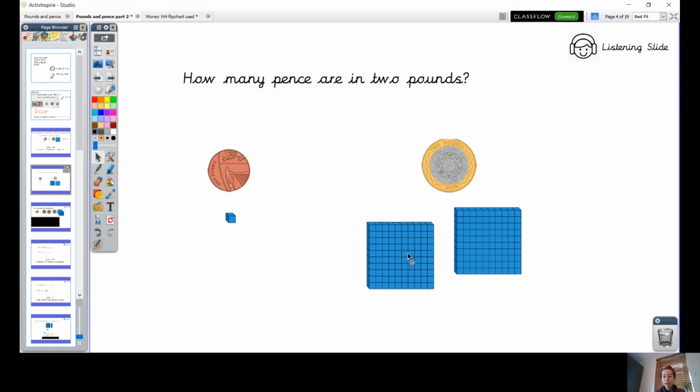If we know that one of these is £1, well, this time we've got 2. We've got £2. So how many pennies would we find in £2? Yeah, we would find 200 pennies is the same as £2. 200 pence is the same as £2.